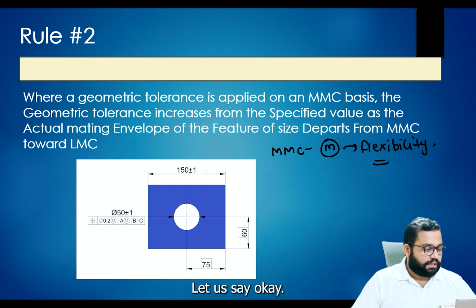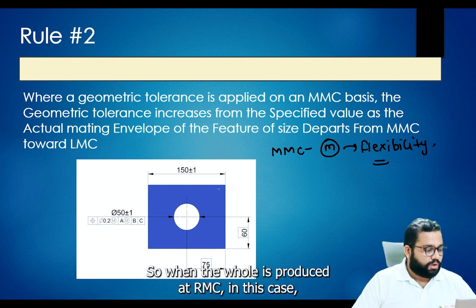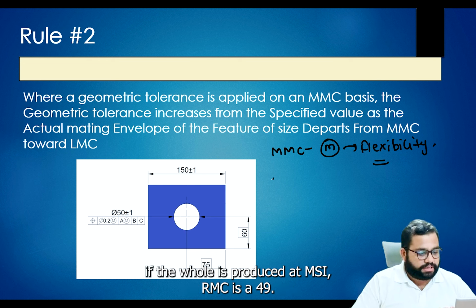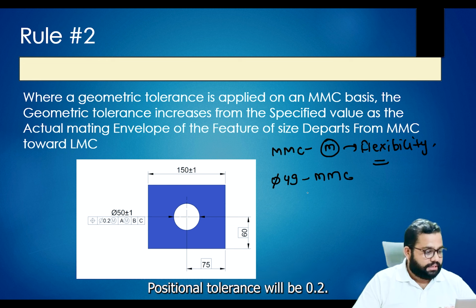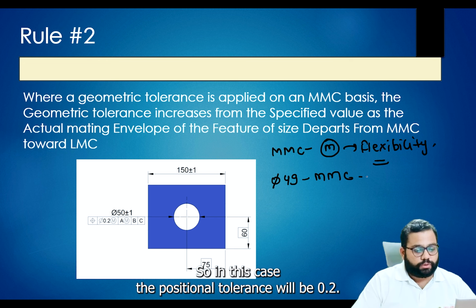Let's say the hole is produced at MMC. MMC is 49, so MMC for this hole will be 49, and the positional tolerance will be 0.2.